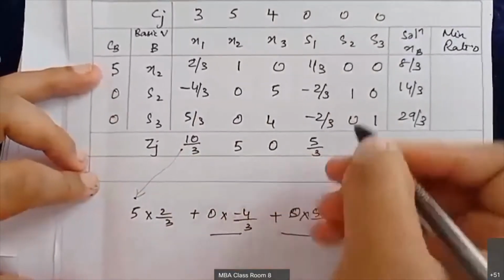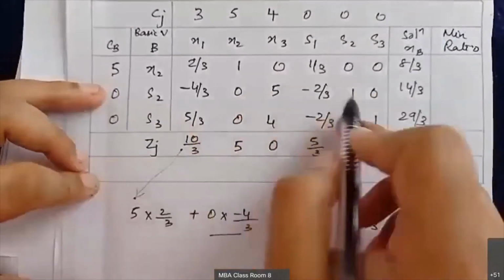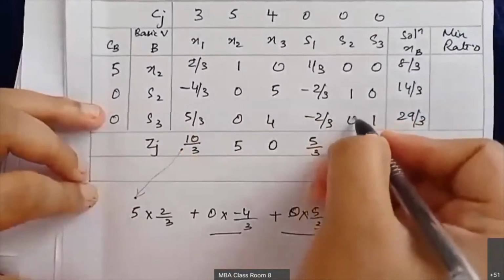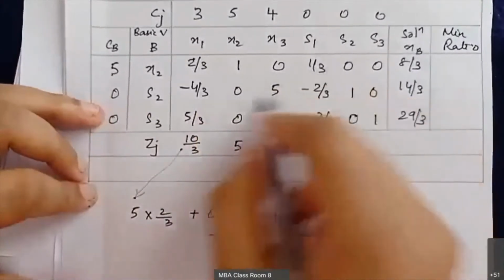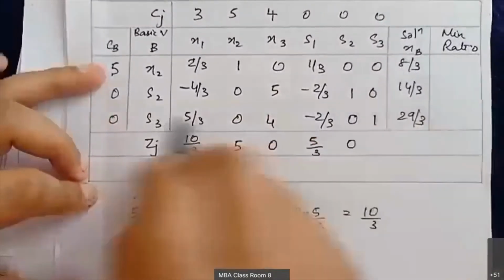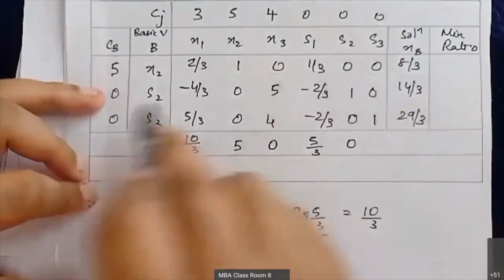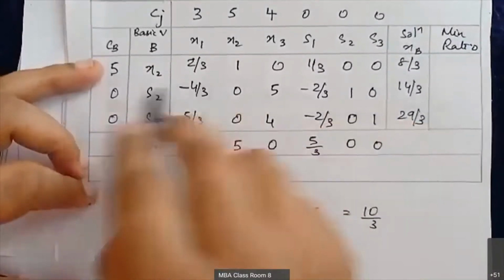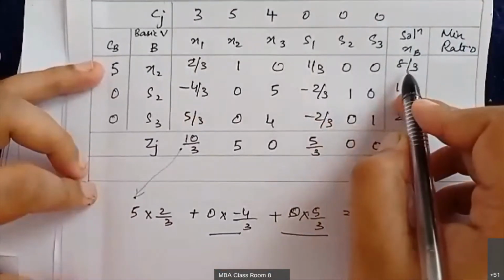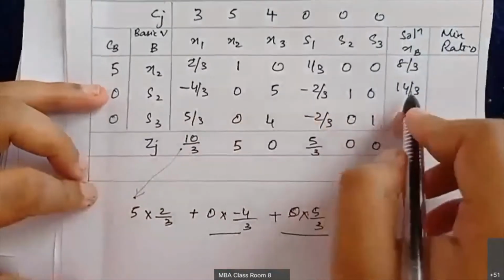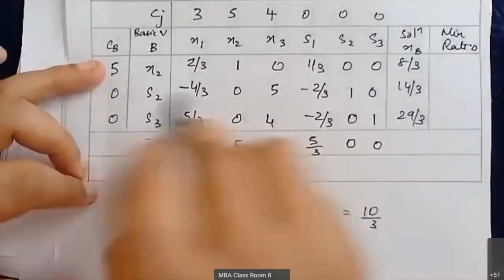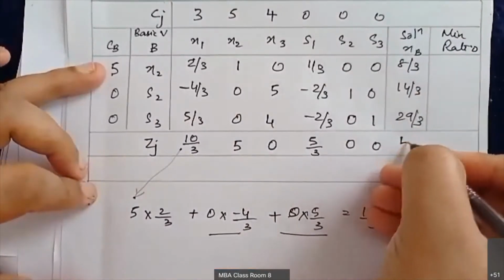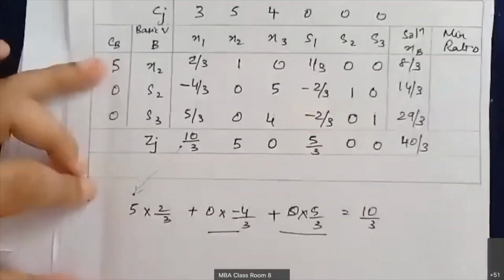Next, 5 into 0, 0 into 1, 0 into 0, all 0, so the number becomes 0. Again, 5 into 0, 0 into 0, 0 into 1, we get 0. Then 5 into 8 by 3 plus 0 plus 0, that is 40 by 3.